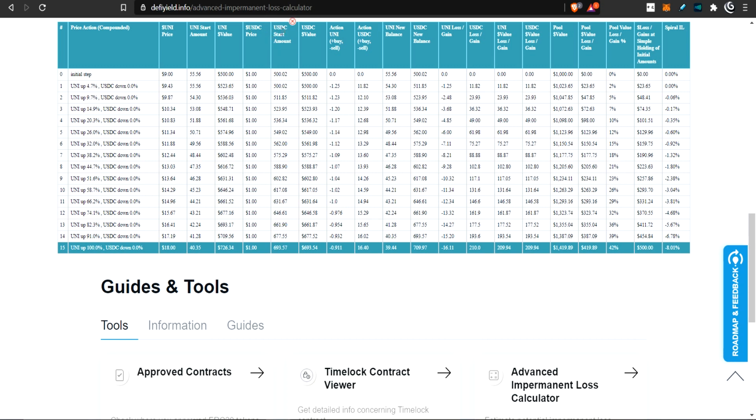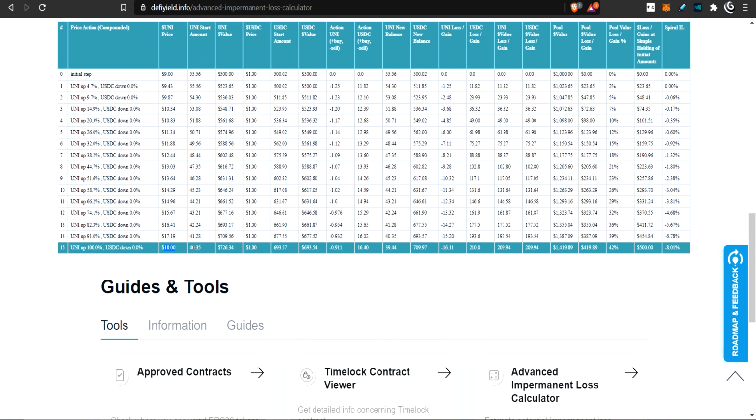So next we can see over here, the USDC start amount is $500, and it goes up to $697. So the point here is that if you had kept the UNI, you would have had 55 UNI times $18. Okay, and that's basically what it's going to show over here on this side, is some of the losses that you've taken, because you've basically sold a whole bunch of UNI.